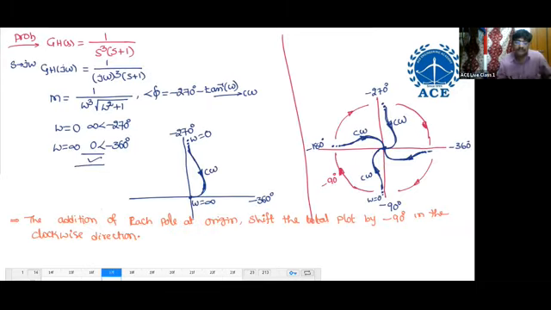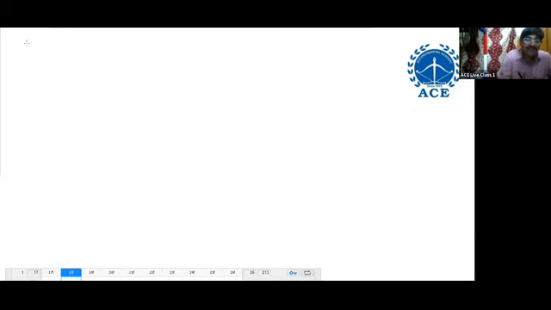Next problem. GH of S equal to, now I'll take finite zeros, S plus 1 by S cube.